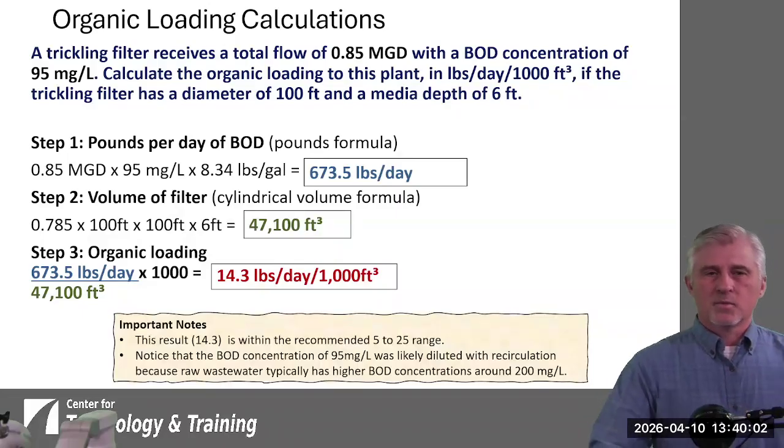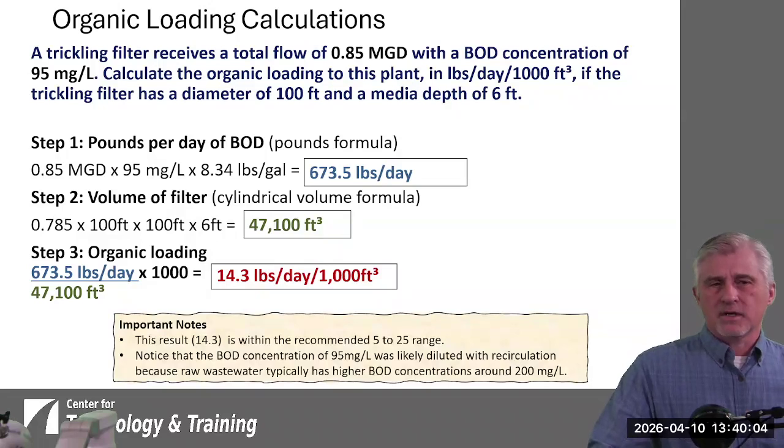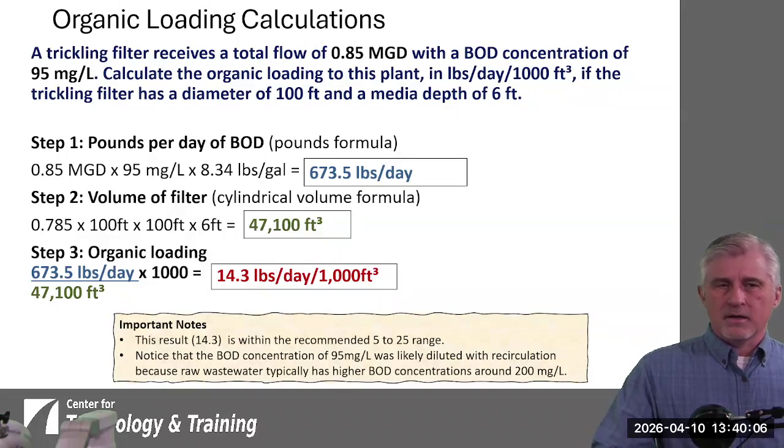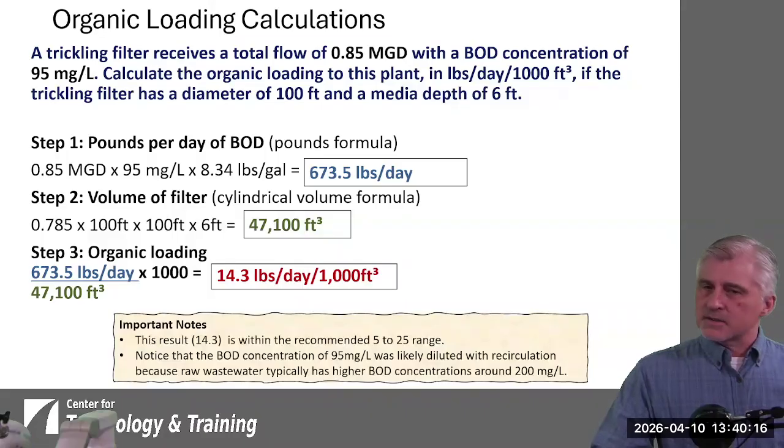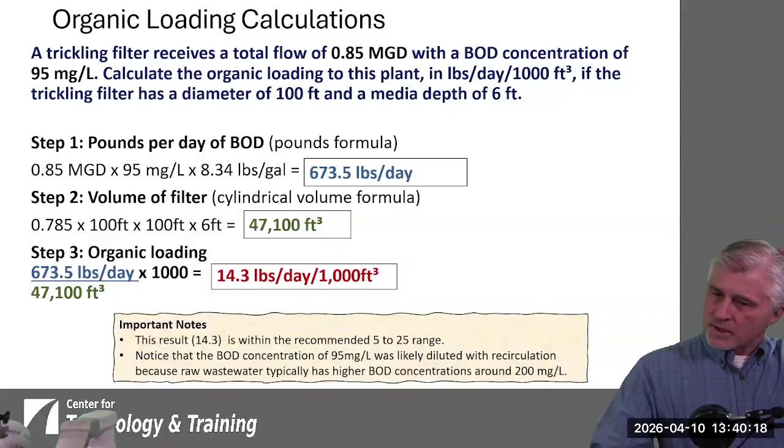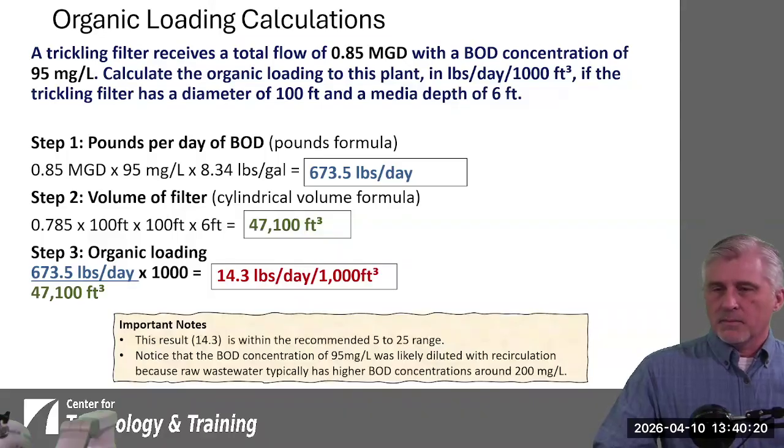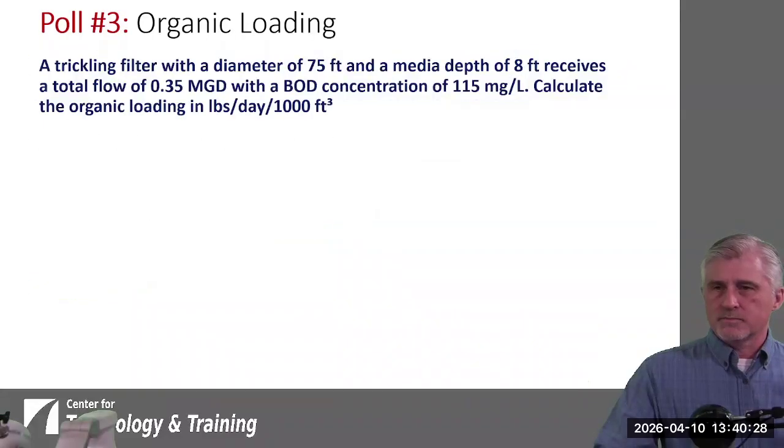Once again, we had talked yesterday about recirc, and here we are again. We're using recirc water to make sure that we have the volume of water, the flow that we need. Now our next slide is going to be another poll, and it's on organic loading. So make note. Hopefully you jotted down the formulas and how we do this because it'll be very similar. So on to the next poll.